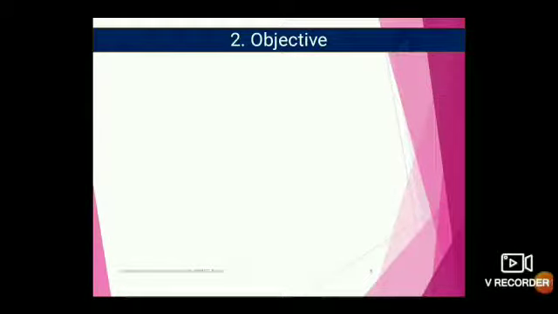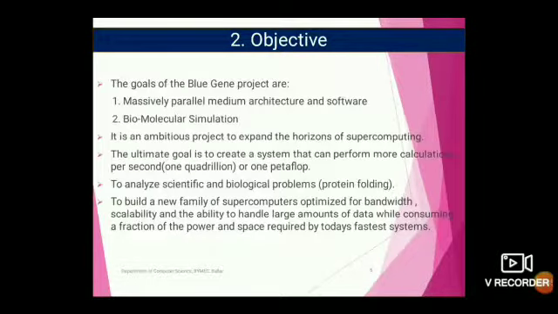Let us move on to the objective. The objective of the Blue Gene project is a parallel architecture for computing and biomolecular simulation. What is biomolecular simulation? The molecular dynamics simulation of biological macromolecules is known as molecular simulation.